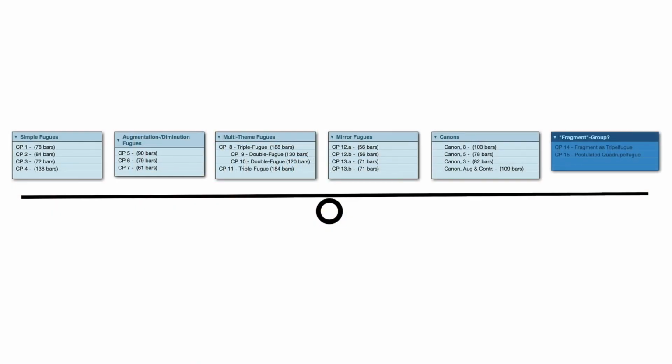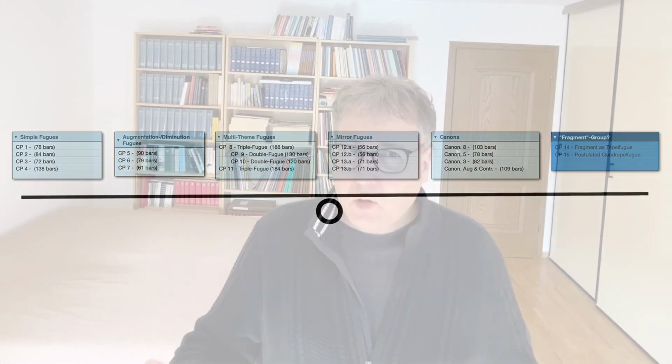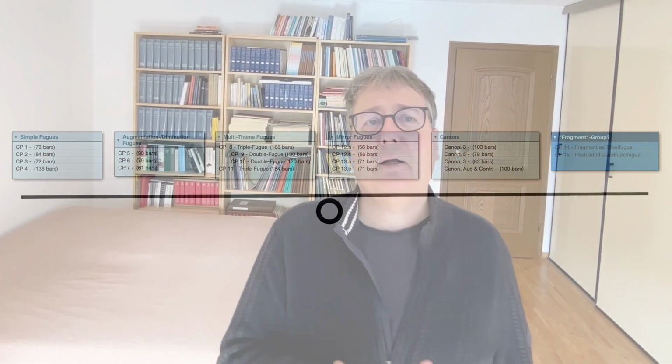Taking this seriously, that would lead us to 2 possibilities. The first one is a 6th group with 2 members containing the fragment and the postulated never written last fugue. That would be no contradiction to all other contrapuncti Bach had written so far, and no contradiction to the group layout, right?